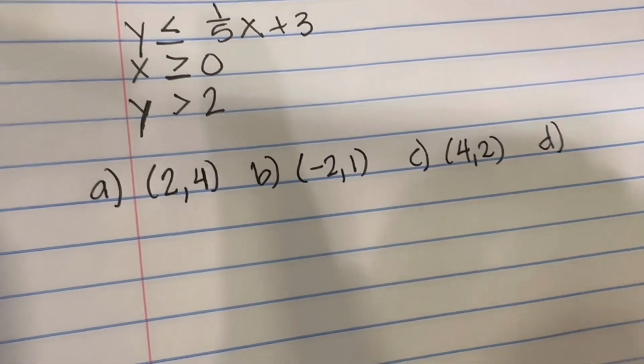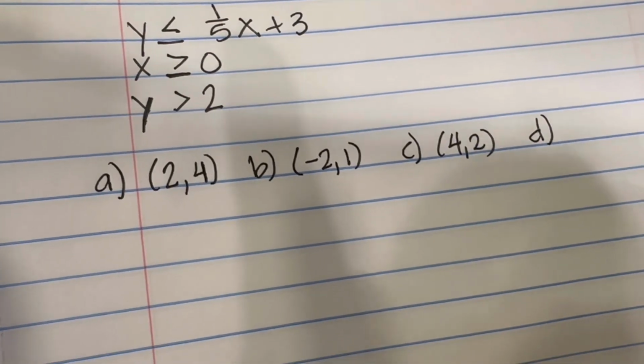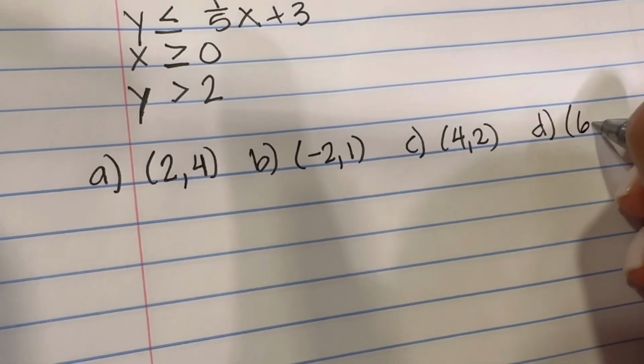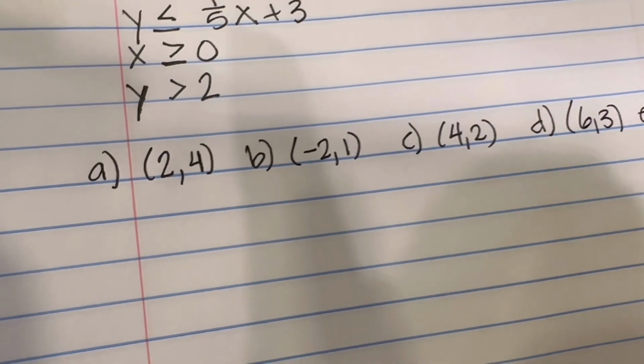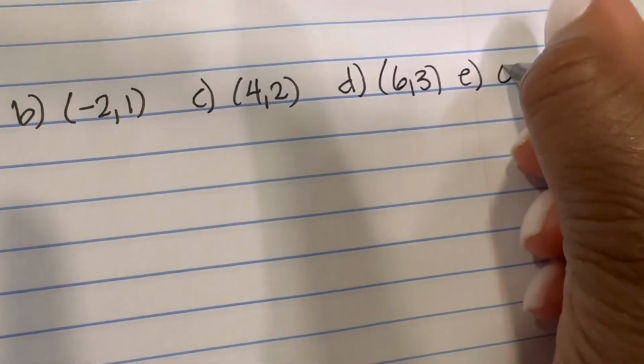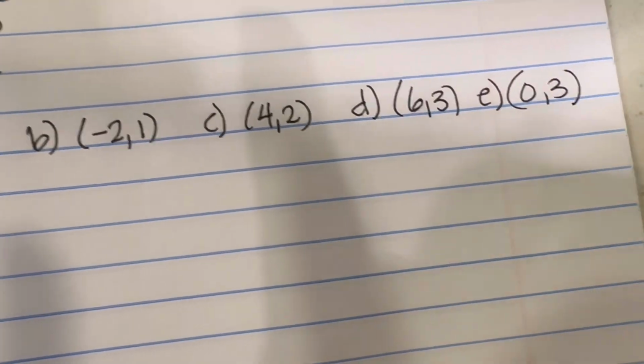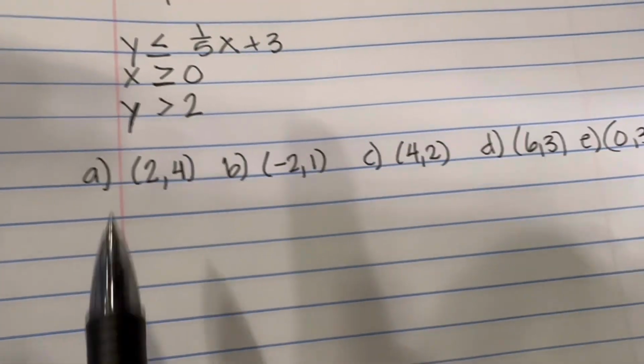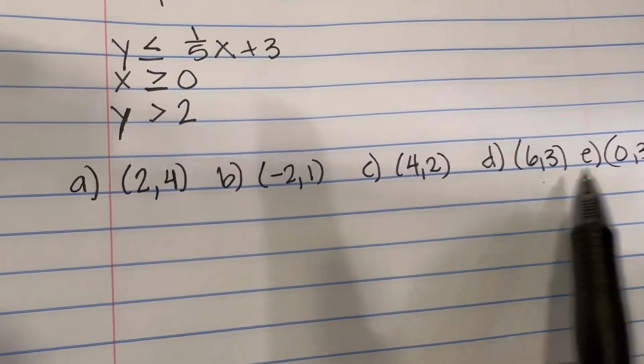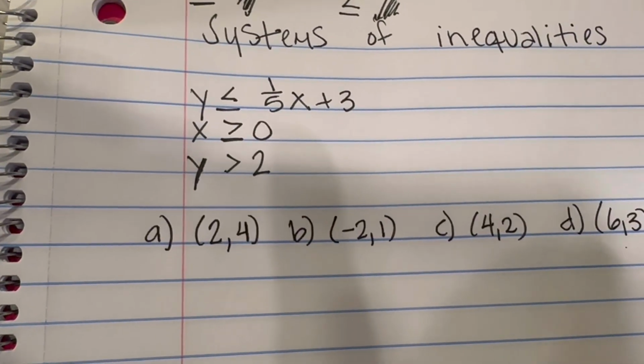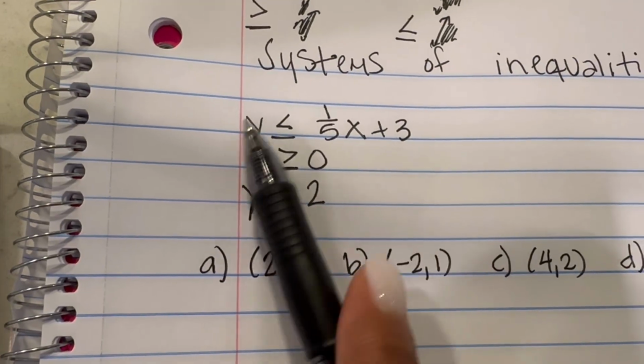Write this down. Your fourth coordinate, say you're given 6, 3. And then you're given a fifth coordinate 0, 3. Just made up some points, right? So which of these coordinates is a solution of this system here?